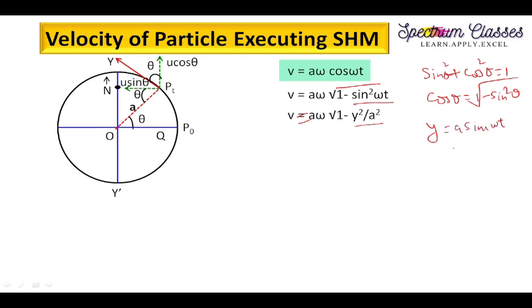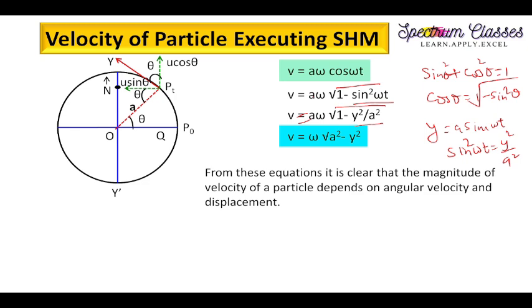So sine square omega t will be equal to y square upon a square. Simply putting these values here, we can say that the velocity of a particle executing simple harmonic motion depends on the angular velocity, the radius of the circle and the displacement. So it depends on these values, right?